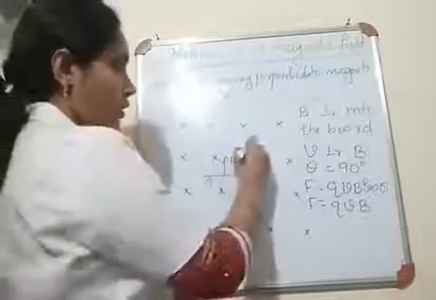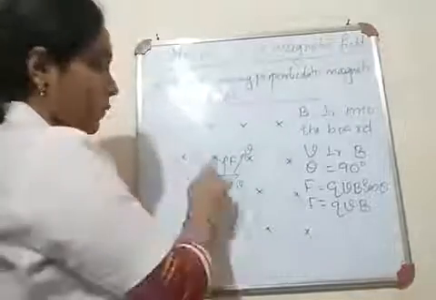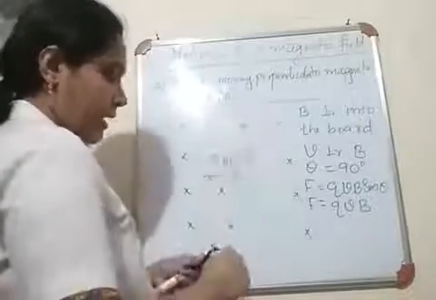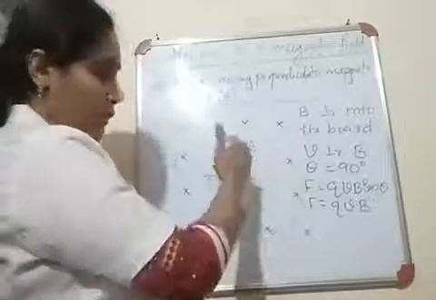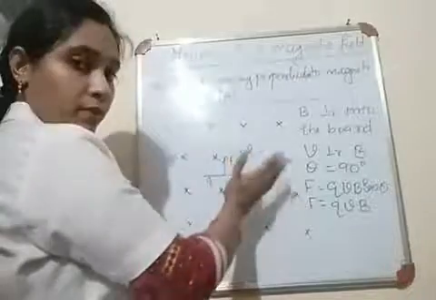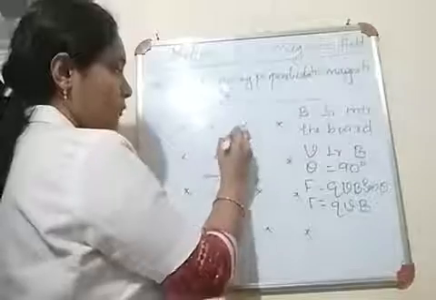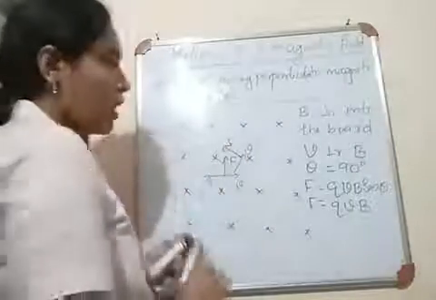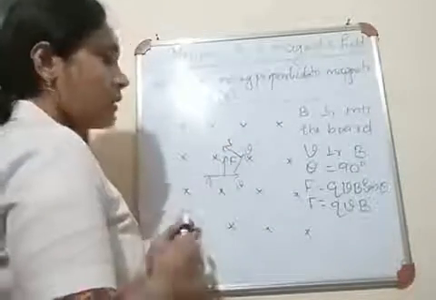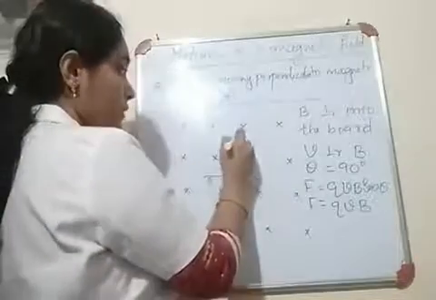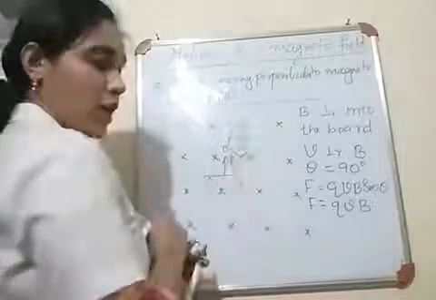Again, now this is the velocity. Due to this force, it has been deviated and now the particle is moving along this way. Again apply the rule V cross B, and again we find that it experiences a force in this direction. As a result of this force, the charged particle again deviates from this path, and now this is the path of the charged particle.